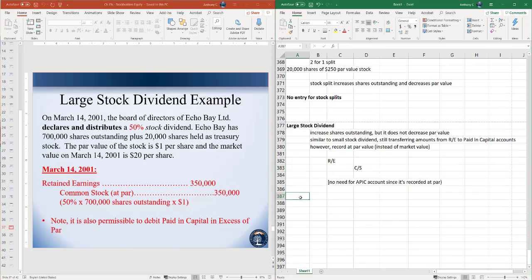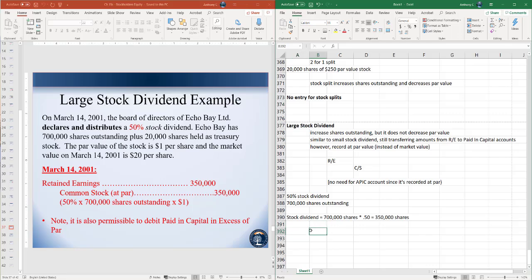So we have a 50% stock dividend on 700,000 shares outstanding. The stock dividend will be 700,000 shares times 50%, which gets us to 350,000 shares.